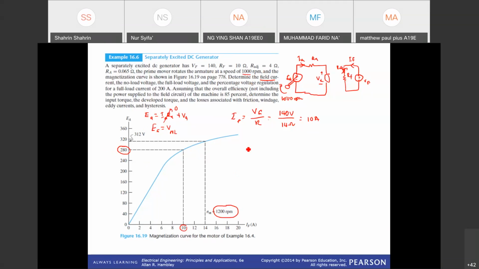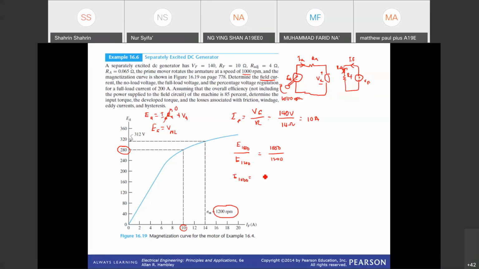So to calculate the voltage induced at a speed of 1,000 RPM, you can always use the formula here. The ratio between the voltage induced at 1,000 RPM and the voltage induced at 1,200 RPM is equal to the ratio of the rotation speeds.